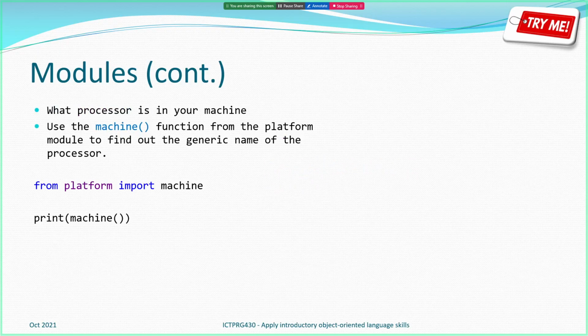The machine function brings information about your processor. Now, I find this quite interesting because it's not actually polling the hardware. It's still polling your operating system.